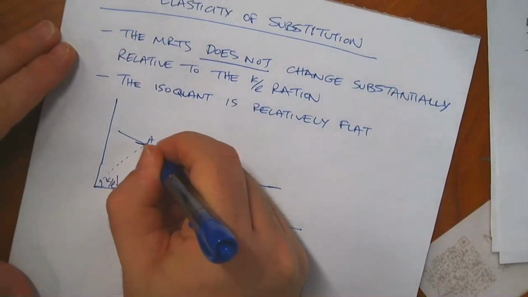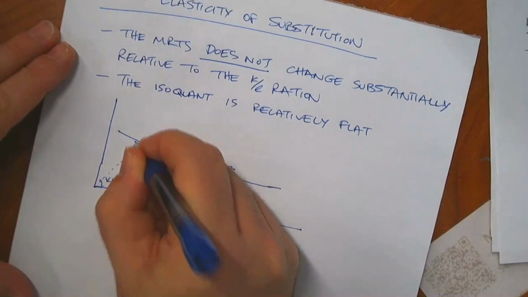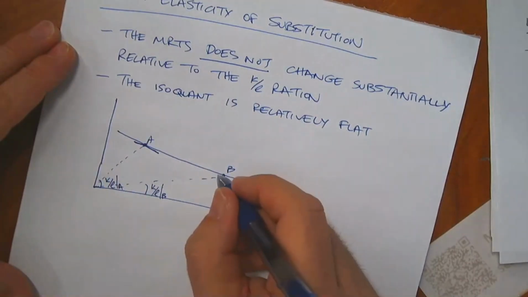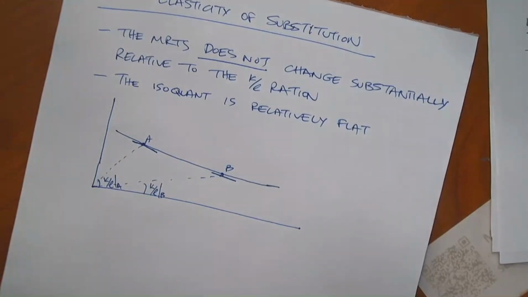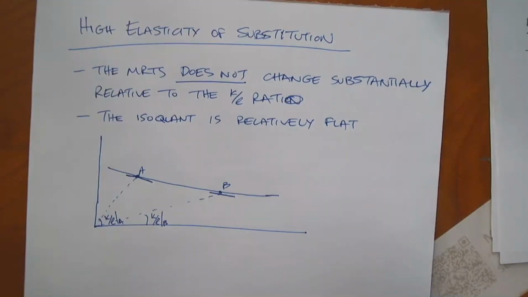So the ratio of the marginal productivities is not going to be very different. So that shows a high elasticity of substitution. Substitution is effectively easy because by changing the input mix, you're not affecting the marginal productivities of those inputs.